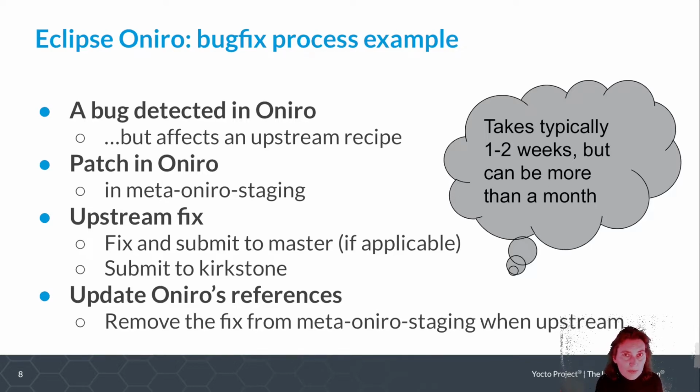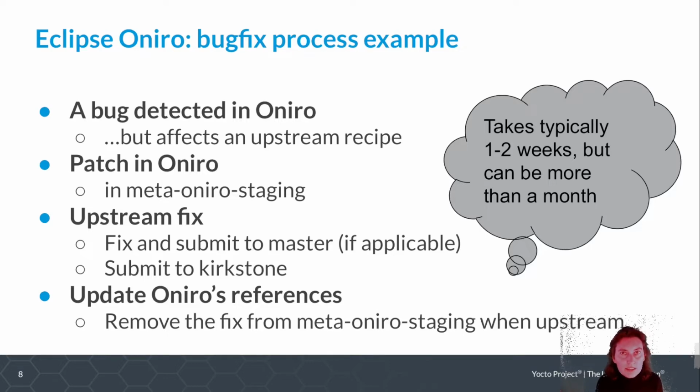Depending on the situation, it's either the fix for the master branch or the fix for kirkstone. We submit first master, then kirkstone. We get it accepted, we get the review and testing, and then when it hits the kirkstone branch, we wait for our moment of updating the branch.